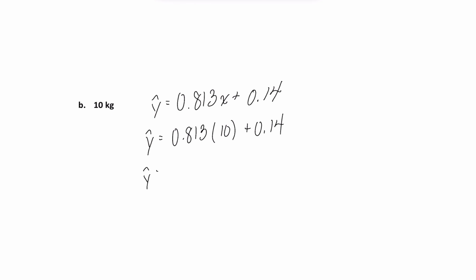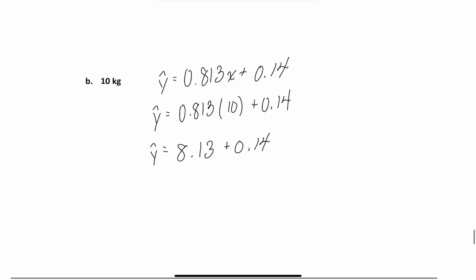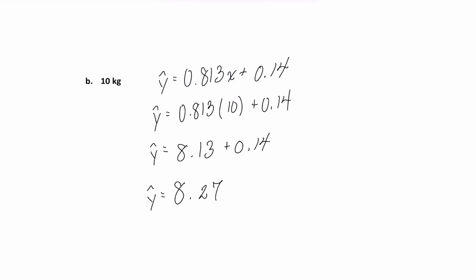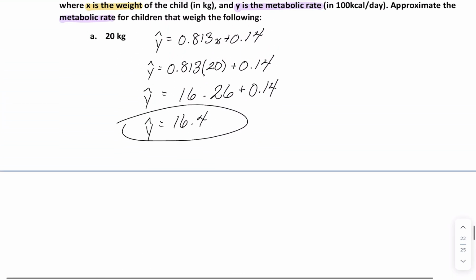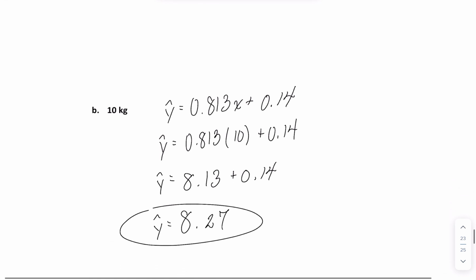Based off of PEMDAS, we're going to do the multiplication first, which is going to give us 8.13, and we're going to add 0.14 to it. This gives us y hat of 8.27, or an estimated metabolic rate of 8.27. Okay, so for these, you plug in the x value and you find the y value.